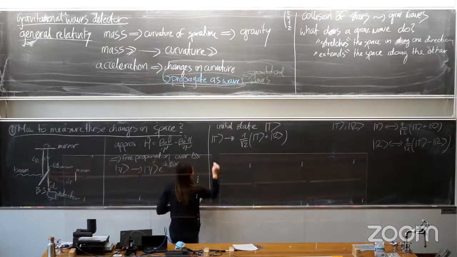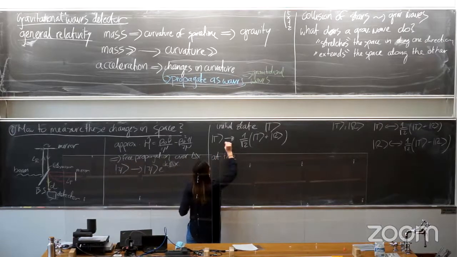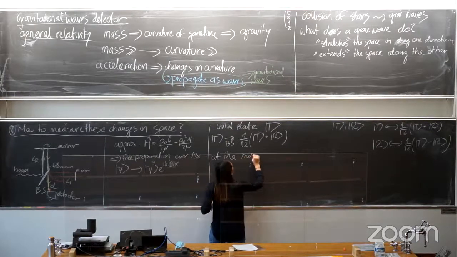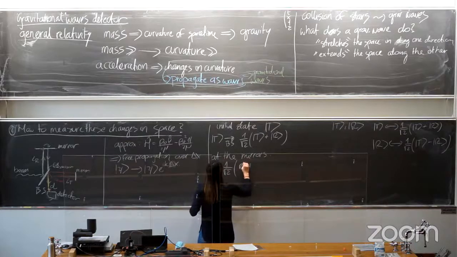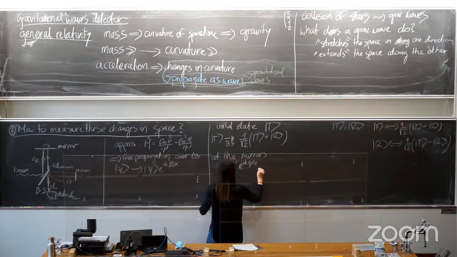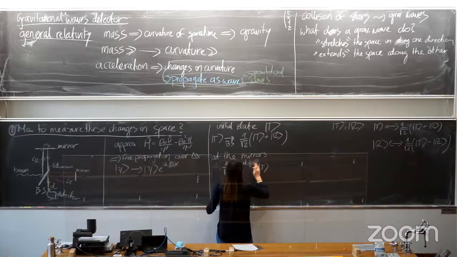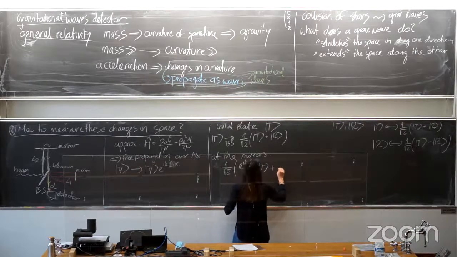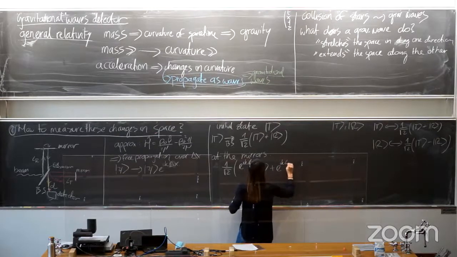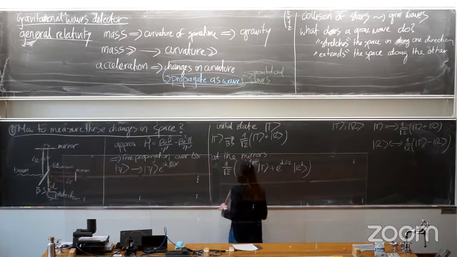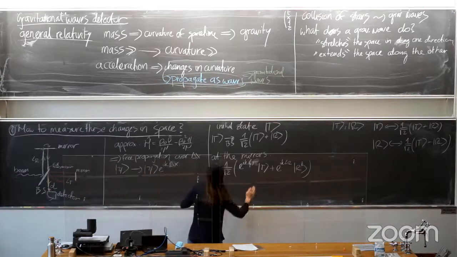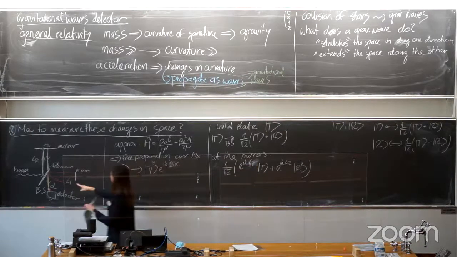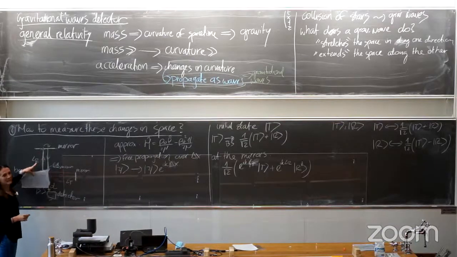So at the mirrors, after the beam splitter, we will have 1 over square root of 2 of e to the i k LT, this LT is delta x, plus e to the i k LR. Yes, like I wrote here, LT or L subscript R, but it's just notation.